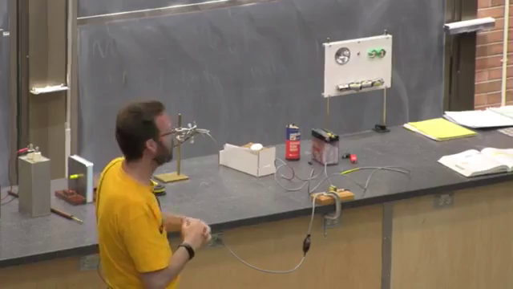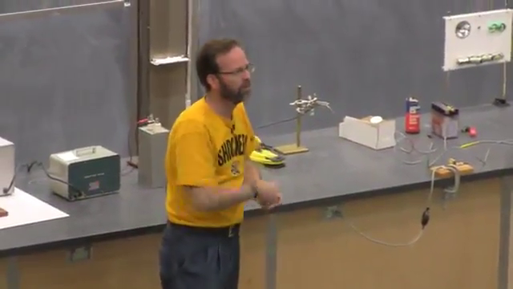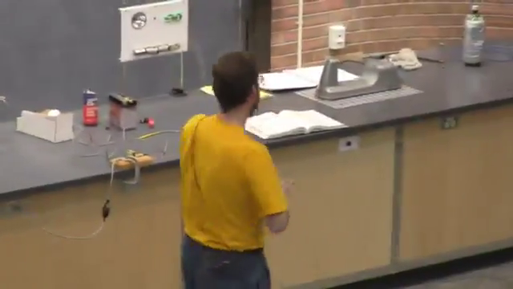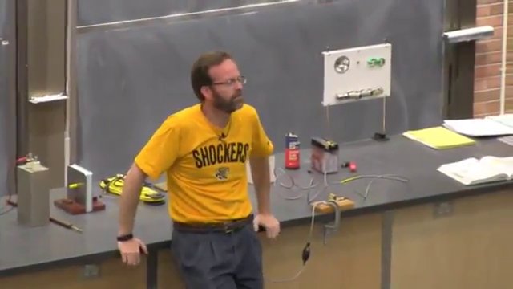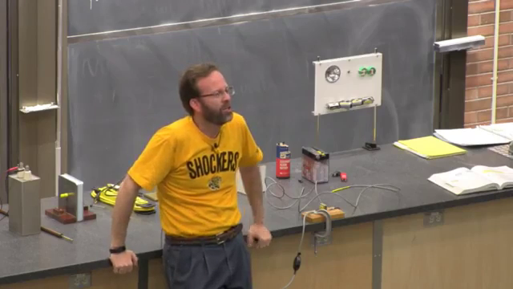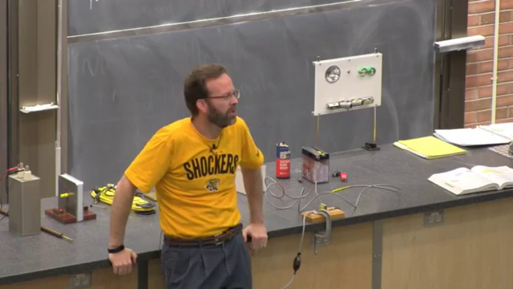Some devices don't work on DC and some don't work on AC. A light bulb will work on either. Why do we choose AC? Great question. Why do we choose AC instead of DC? We could have. I encourage you to read more about it. It's called the War of Currents. Historically, you can Wikipedia it.